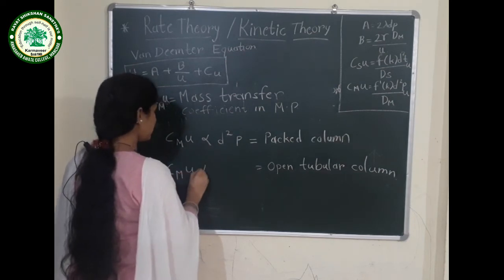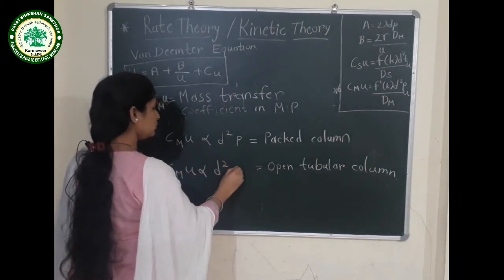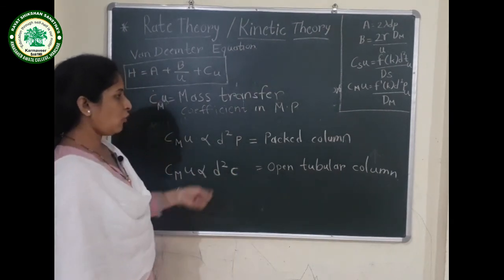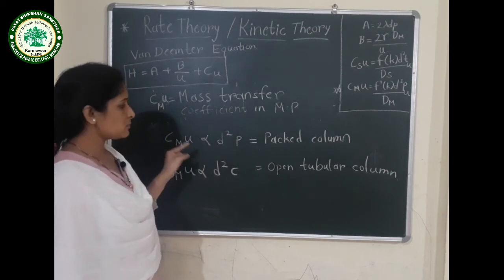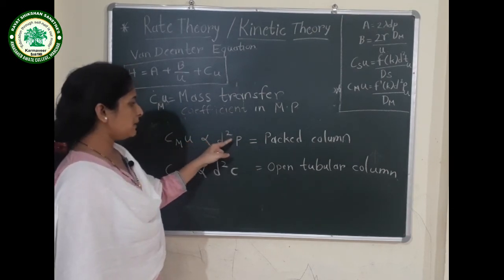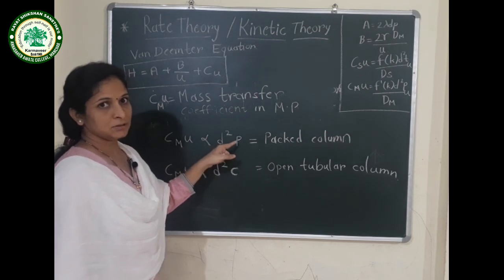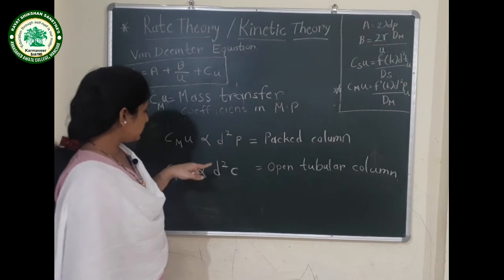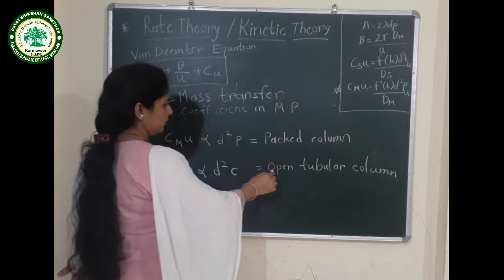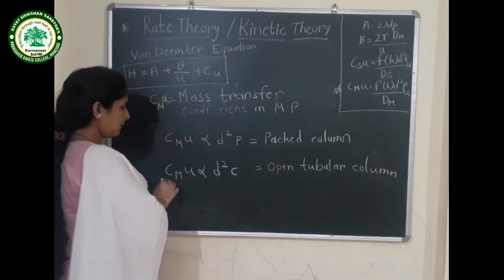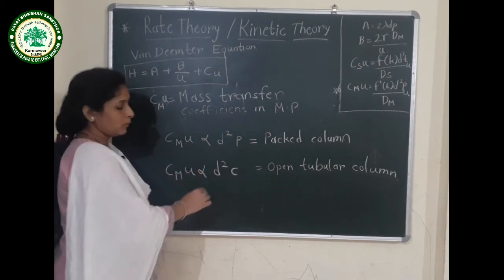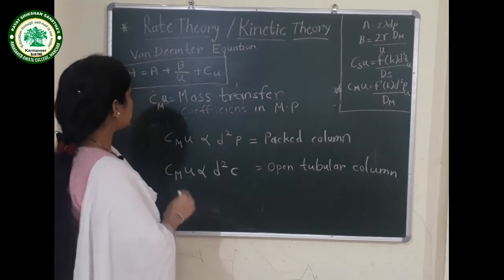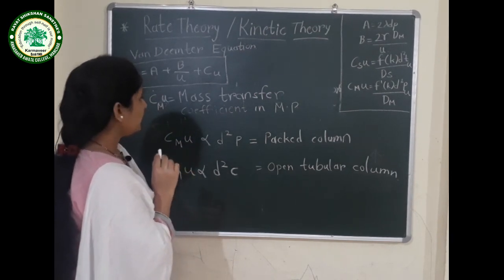This mass transfer is proportional to the square of the diameter of the column. For a packed column, mass transfer is proportional to the square of the diameter of the particles which are there in the stationary phase. And for an open tubular column, the mass transfer is directly proportional to the square of the diameter of the column. This is about the mass transfer effect.